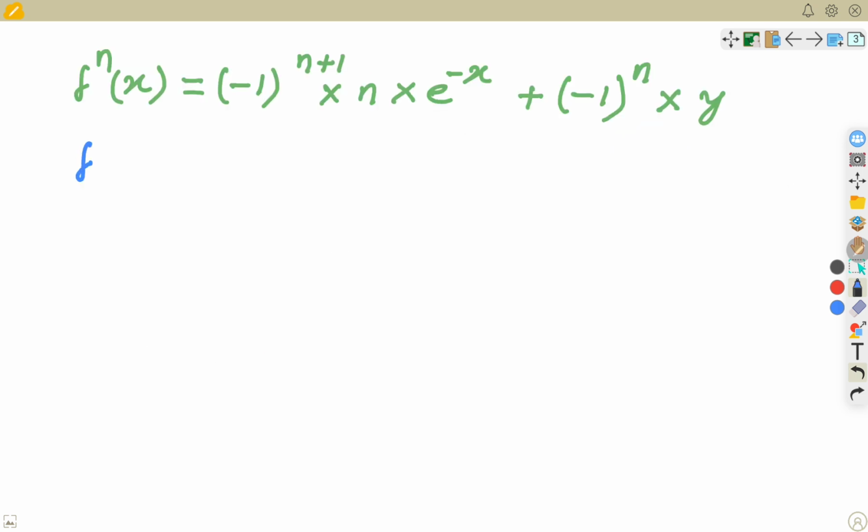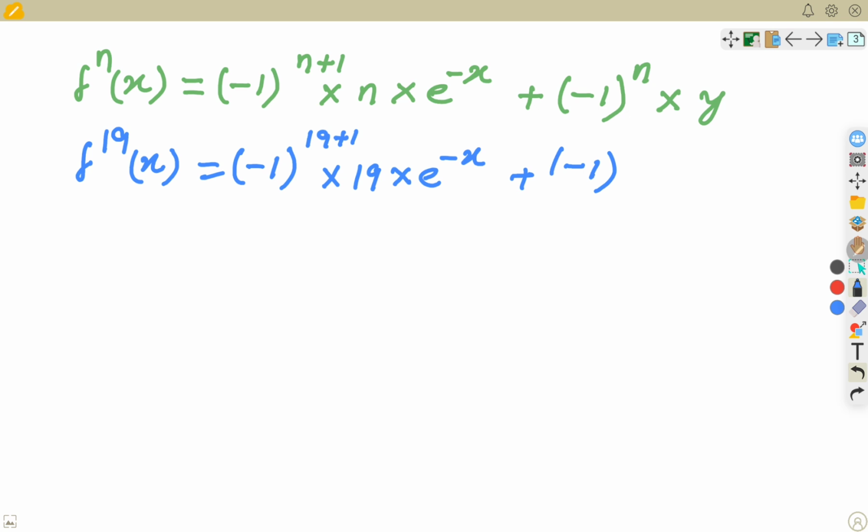So the 19th derivative of the given function becomes minus 1 raised to the power 19 plus 1, into 19, into e to the power minus x, plus minus 1 raised to the power 19 into y, that is (x minus 1) multiplied by e to the power minus x.